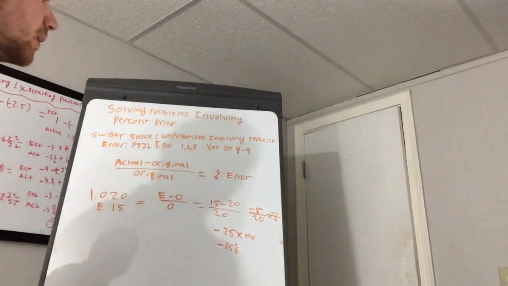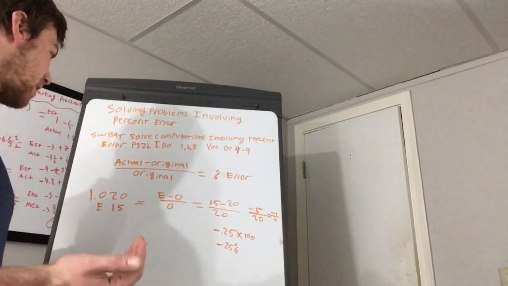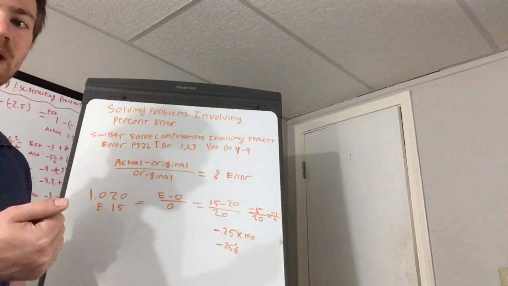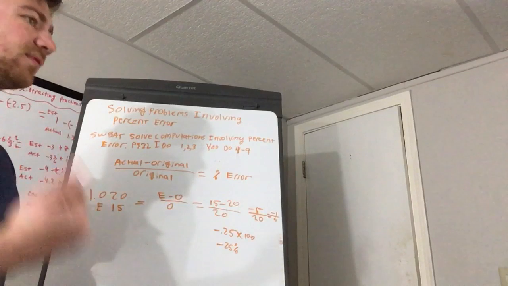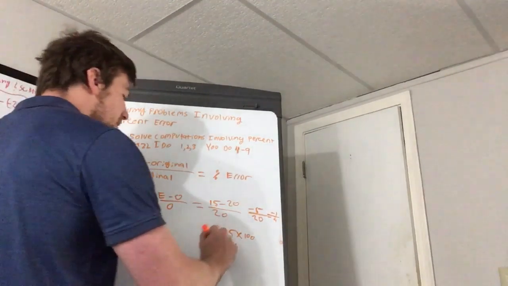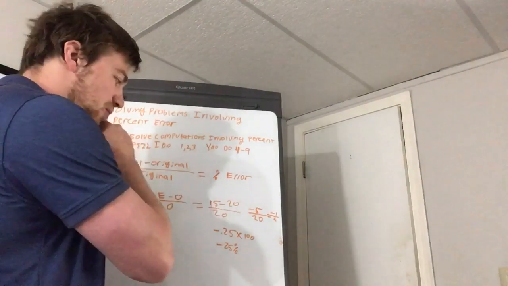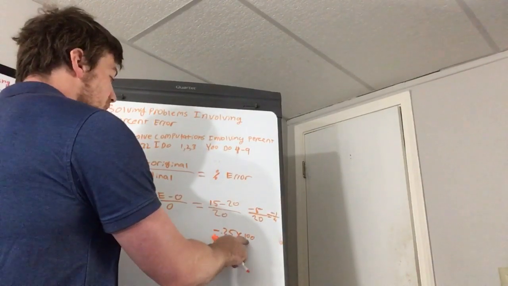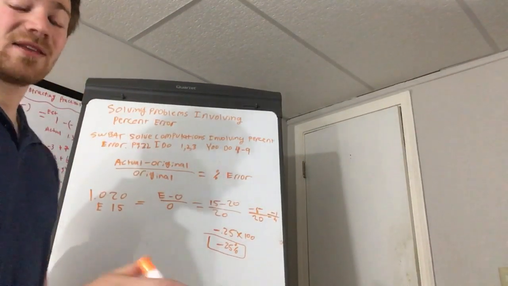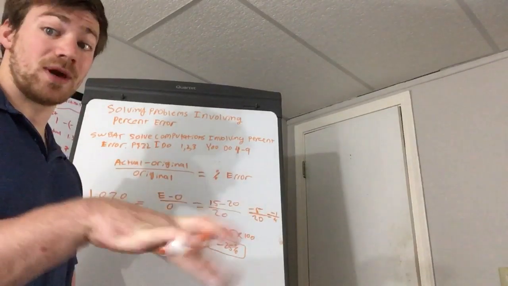Well, if you had 20 and you needed 15, you overestimated the amount, right? So you have a negative amount over. It becomes negative because you take the end minus the actual over the actual. So negative 25% is the answer. Yes, you can have negative values. It just depends upon what you start with compared to what you end with.